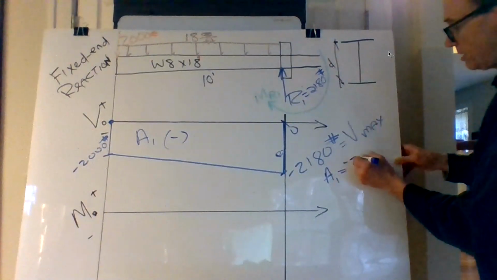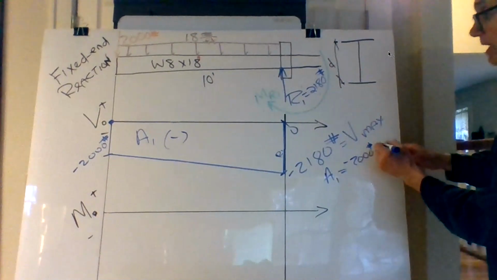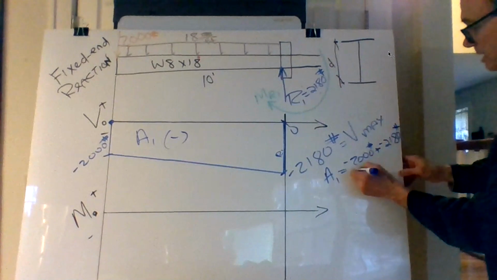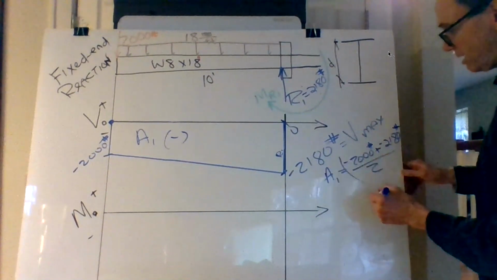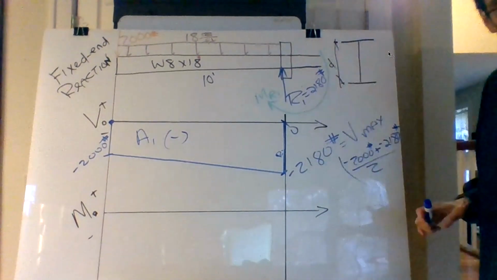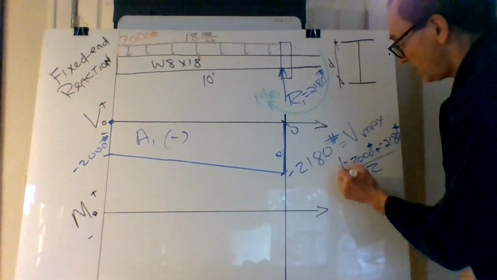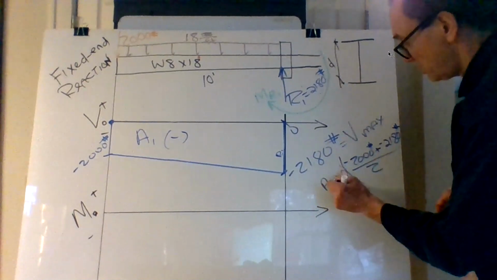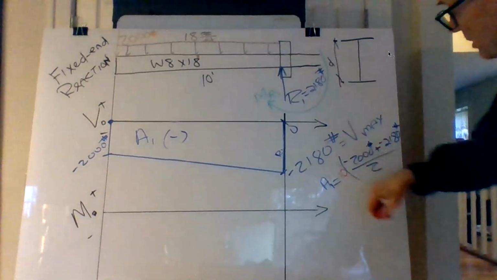minus 2,000 pounds plus negative 2180 pounds divided by 2. Damn it, I ran out of room. Times 10 feet. It's force times distance.